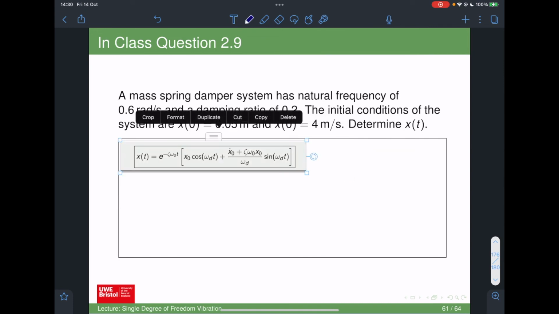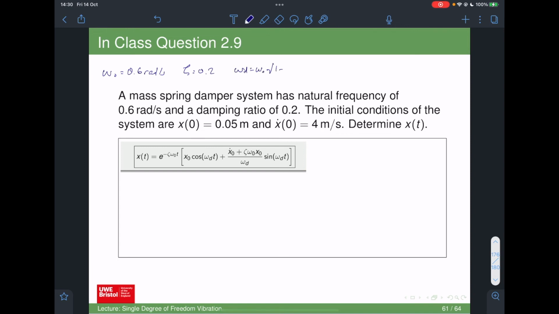So that's the equation I'm going to use. There's a few things I'm going to identify up here. Omega naught has been given to me as 0.6 radians per second. Damping ratio is 0.2, so omega d is 0.6 times the square root of 1 minus 0.2 squared.